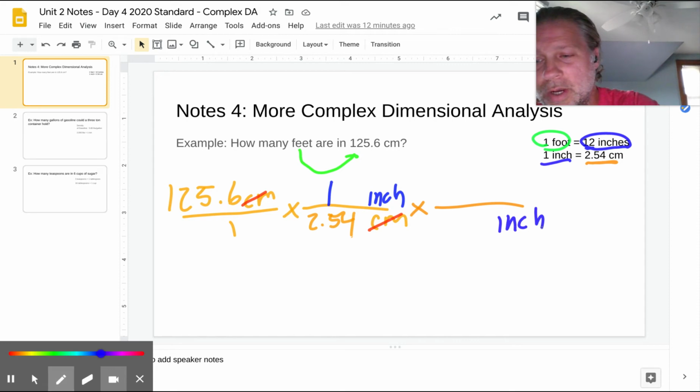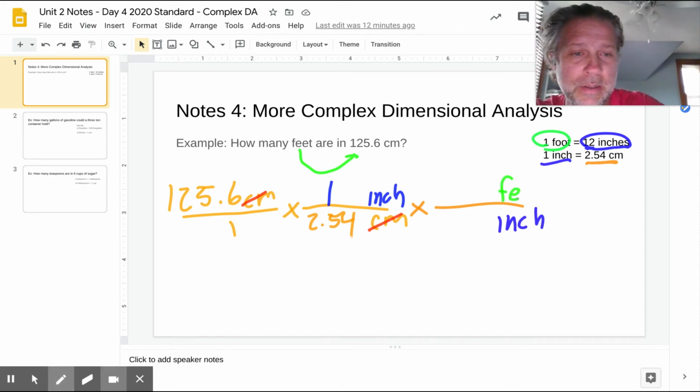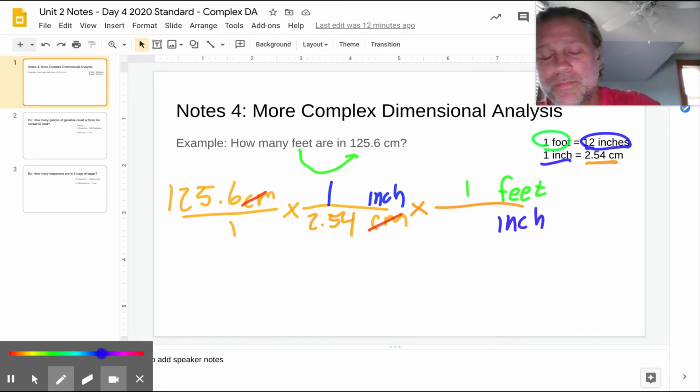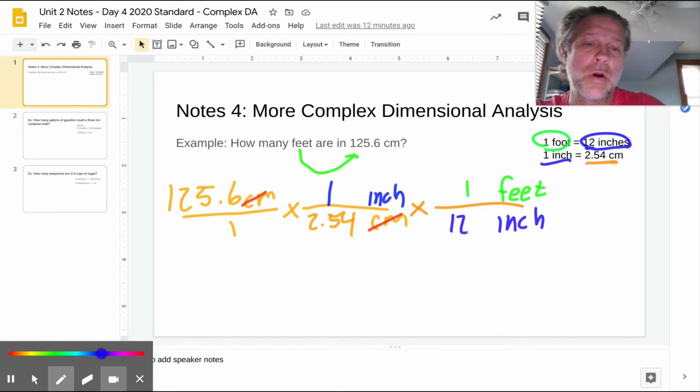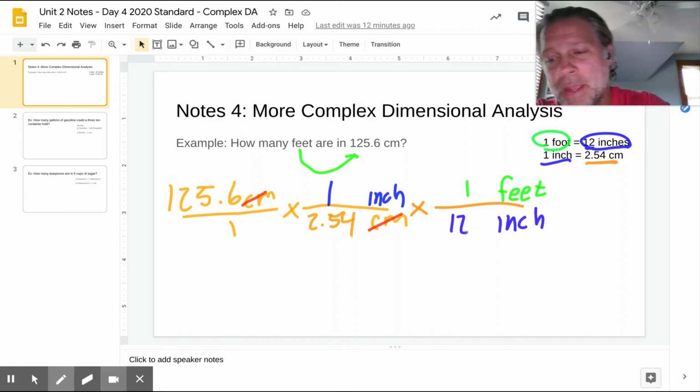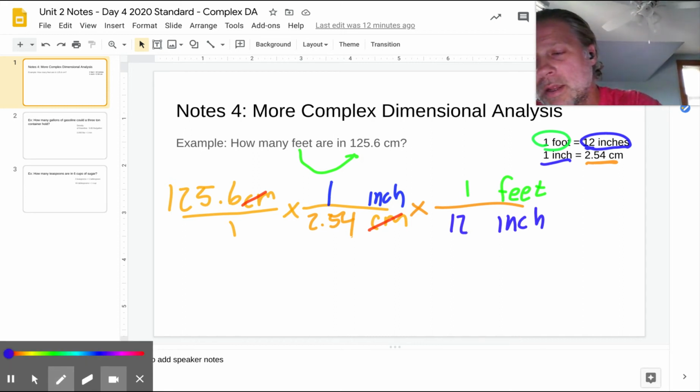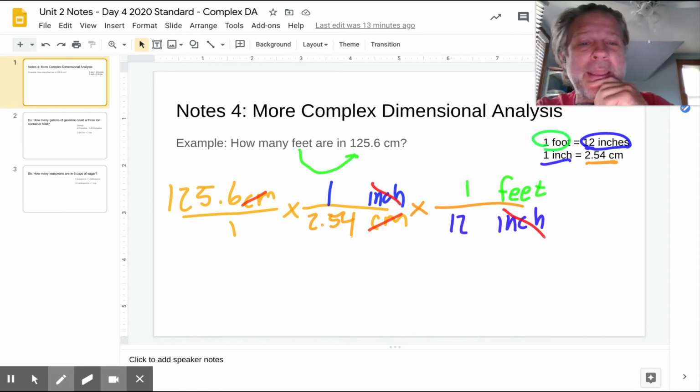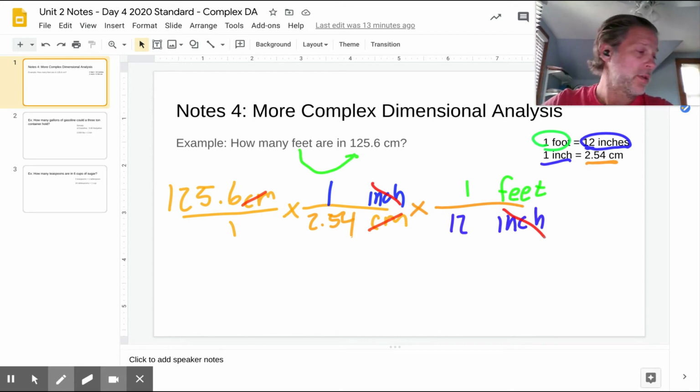And I'm going to put the unit I'm trying to find, which is feet, on the top. So I'm going to put 1 foot on top, and 12 inches on the bottom. And then I'm going to cancel out my units, which in this case is inches. And so at this point, I can go ahead and calculate out my answer.